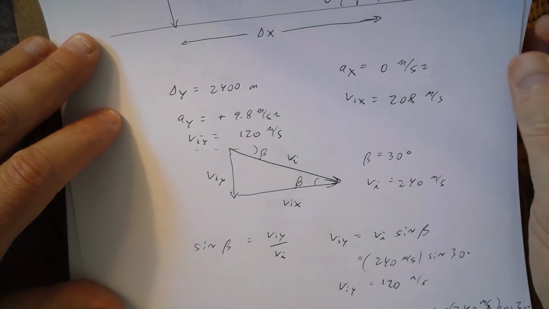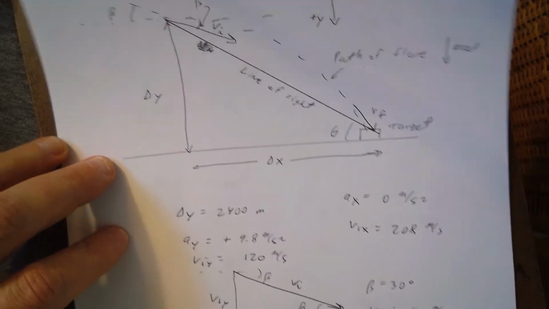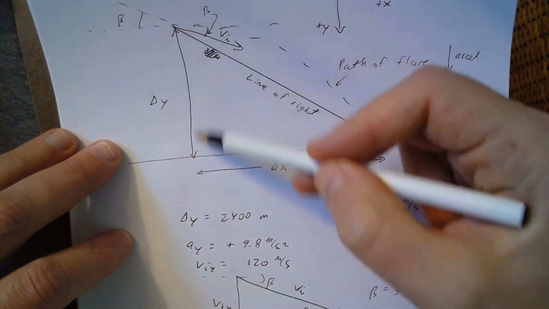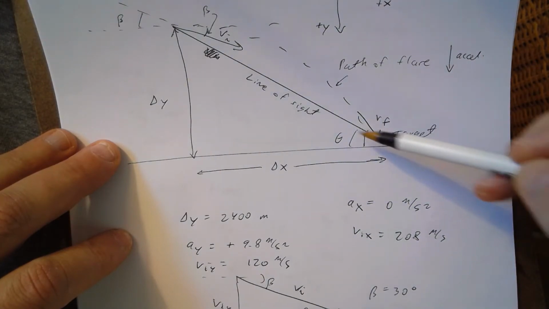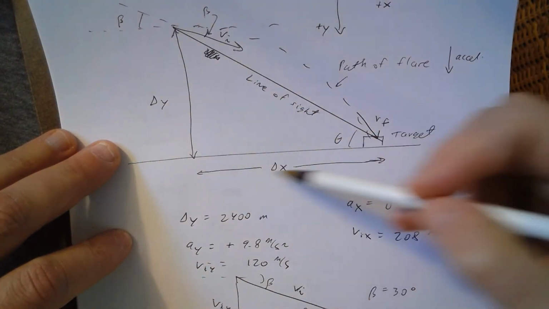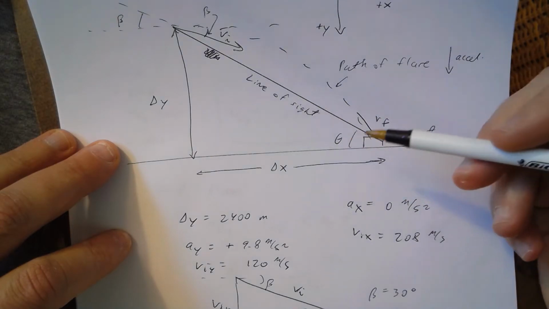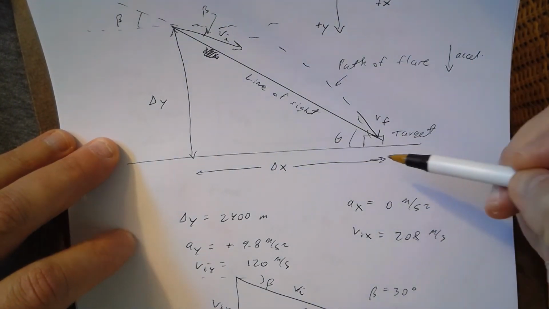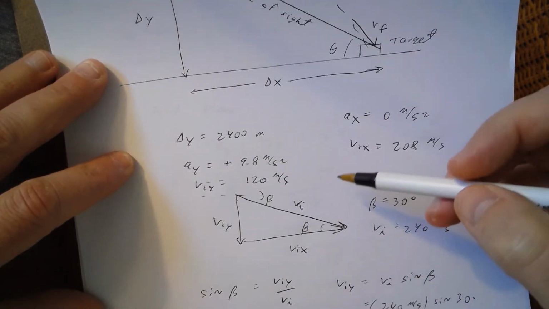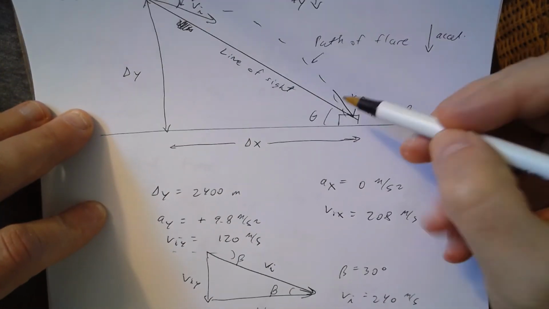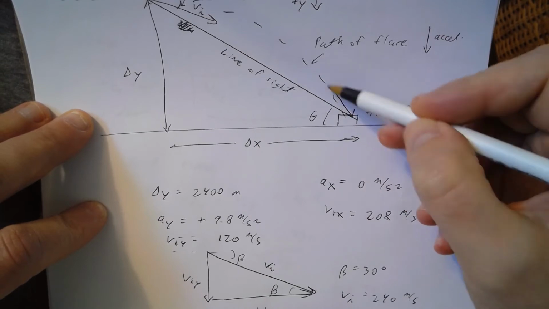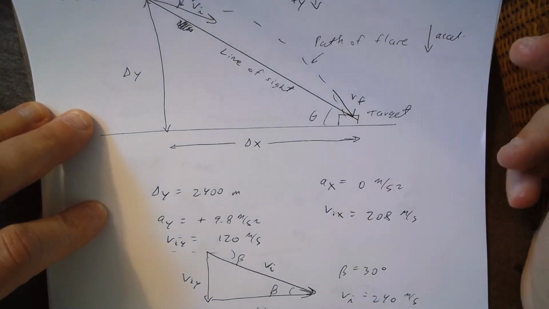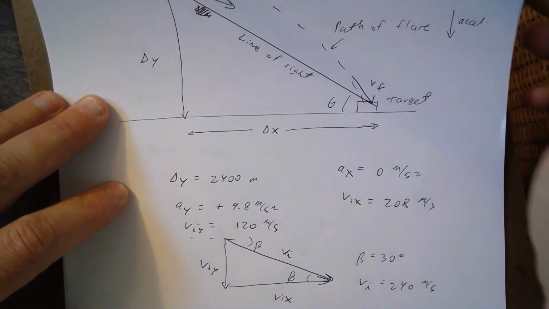But there's also a totally different triangle here, which involves the distance of the line of sight and then the delta x and delta y. So I'm going to call that a distance triangle. And this angle theta is completely different from this angle beta. And it's also different, as you can see, from the angle that the final velocity vector is going to make. So I have to make a distance triangle in this problem to find that angle theta. So that's what I'm going to do next.